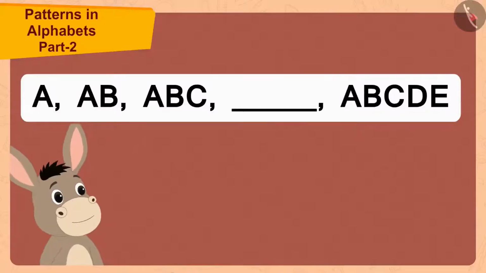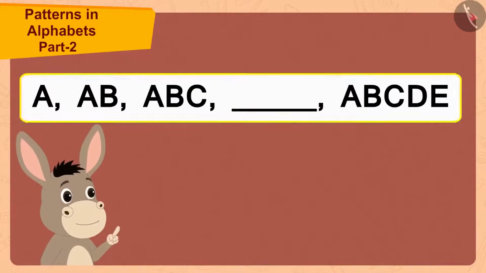Bhola was shocked. He could not understand the rule of this pattern. Children, can you help Bhola find the rule of this pattern? If you want, you can stop the video and find the answer.